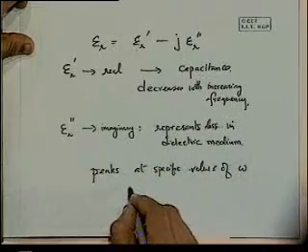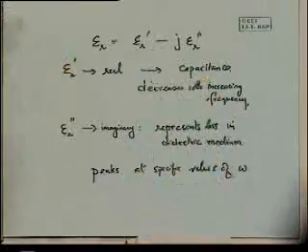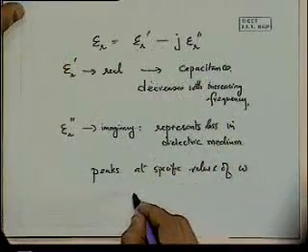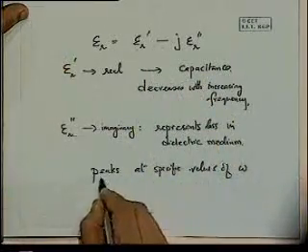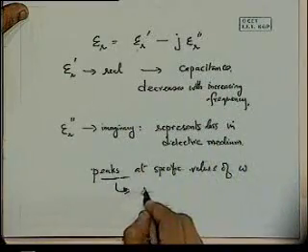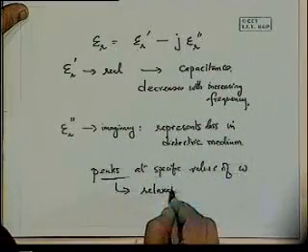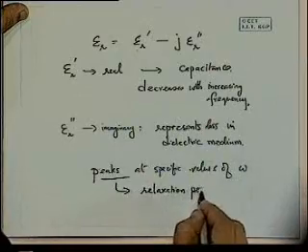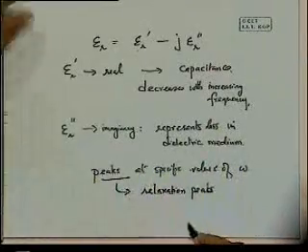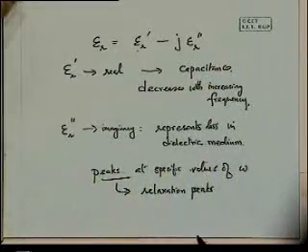At other frequencies, it's practically zero. It builds up to a peak, and then you've got zero values around it. These peaks, particularly for each mechanism, are known as relaxation peaks. And it is at these frequencies that the loss is a maximum.